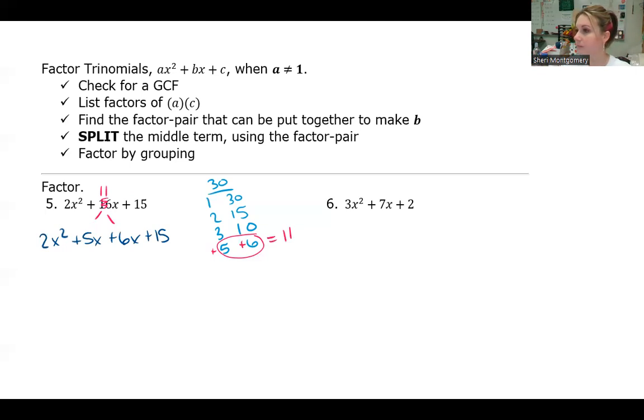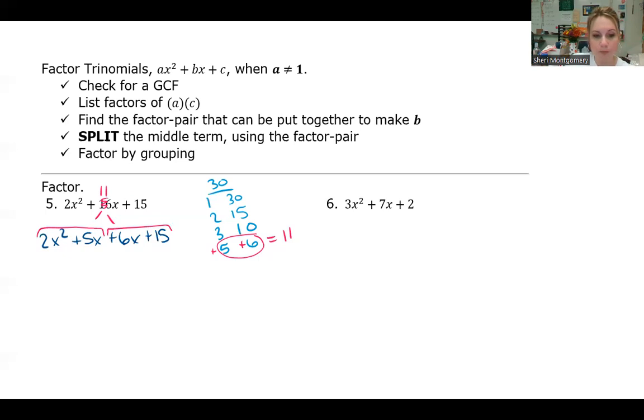Yes. No, it would be if you were multiplying it. So now it's just factor by grouping. We've been doing factor by grouping. So I've got my first group and I have my second group.